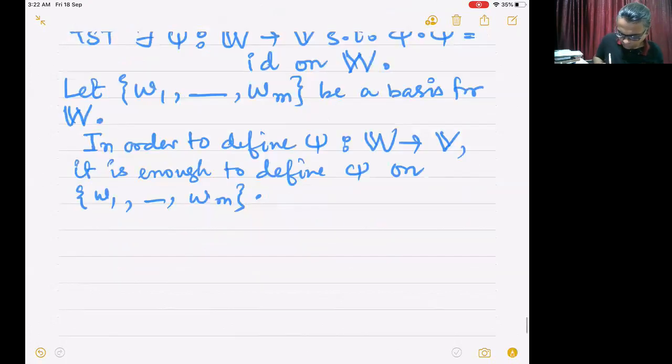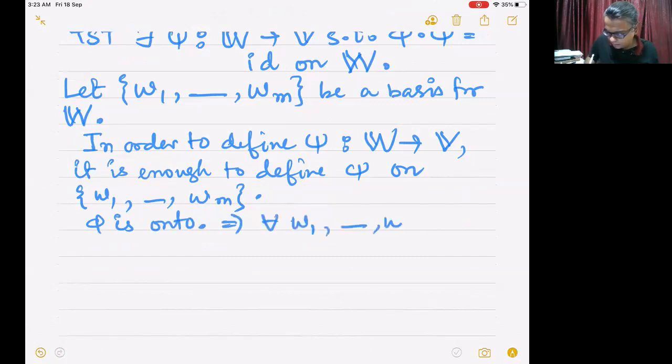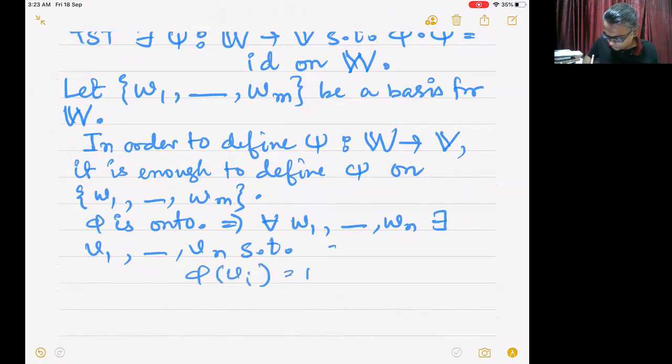Now, see, phi is onto, which implies for all W1 up to Wm, there exists V1 up to Vm such that phi Vi is equal to Wi for i equal to 1 up to m.